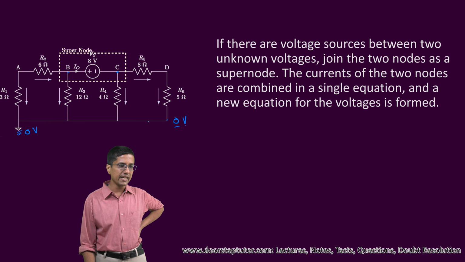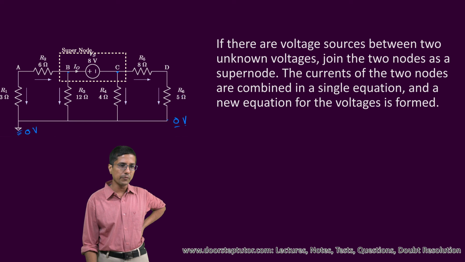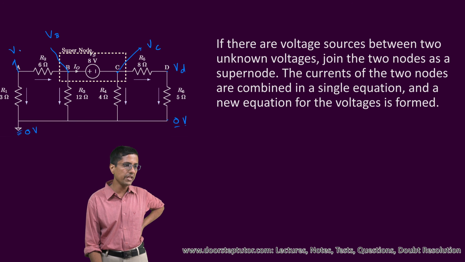The voltages at these points become 0. Voltage here is not really known, we will call it VD. Voltage here is also not known, we will call it VC. Voltage here is also not known, we will call it VB. And voltage here is also not known, VA.